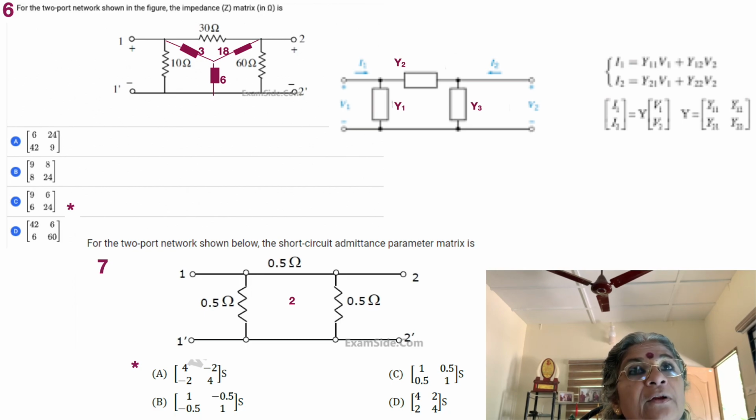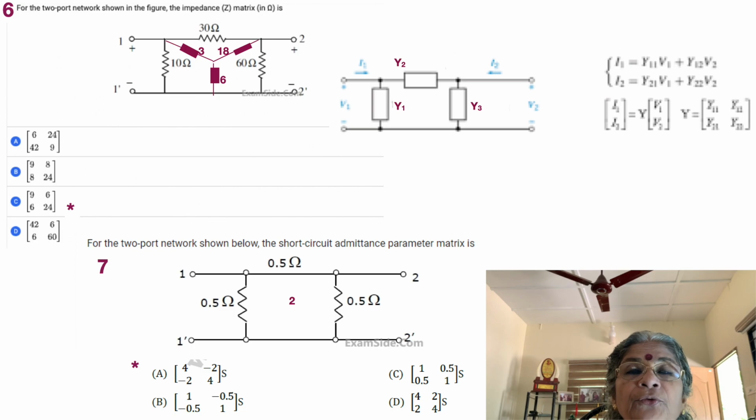How do you find out the parameters from a pi network? Again, just a small picture is given, because y11 will be y11 plus y12, since y11 happens to be the first leg between the terminals of port 1.